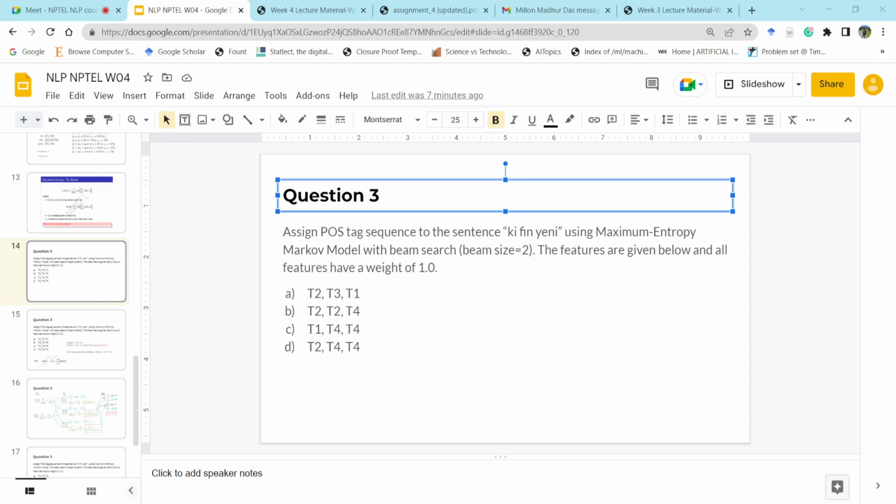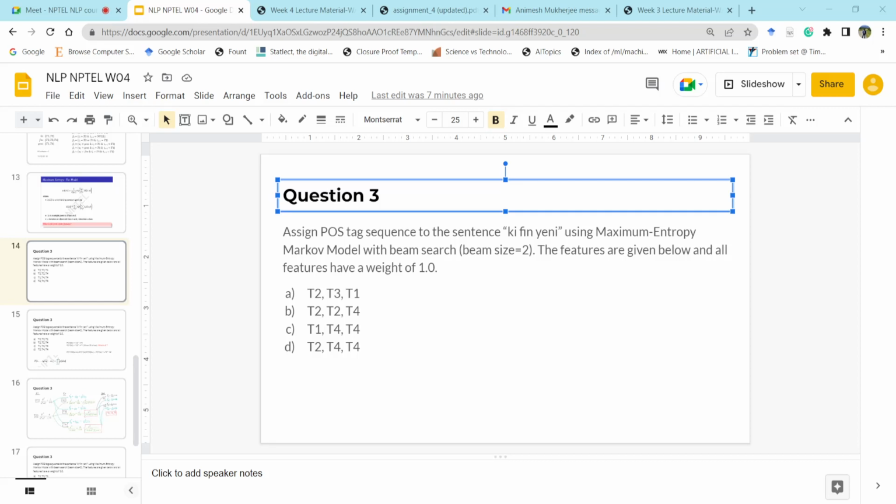Now this f i is the features that we have got, and Zx is a normalizing constant. This is given by the summation over y of exp of summation of lambda i f i of x comma y. This looks a bit complex, but it will get very easy. So these are the two things that we know, and this is what we will use for calculating this.